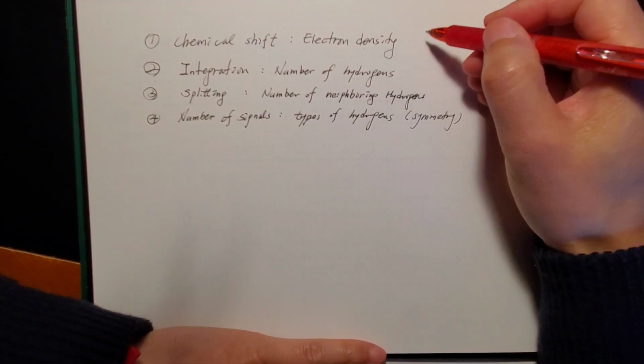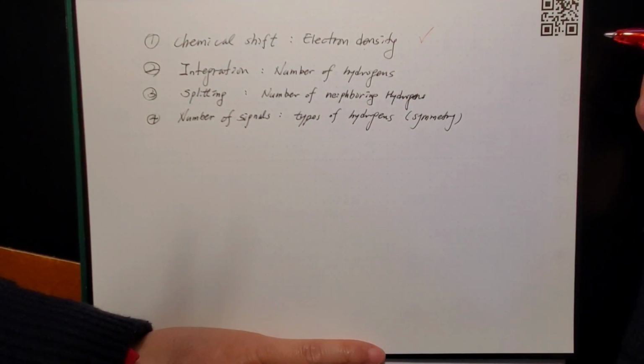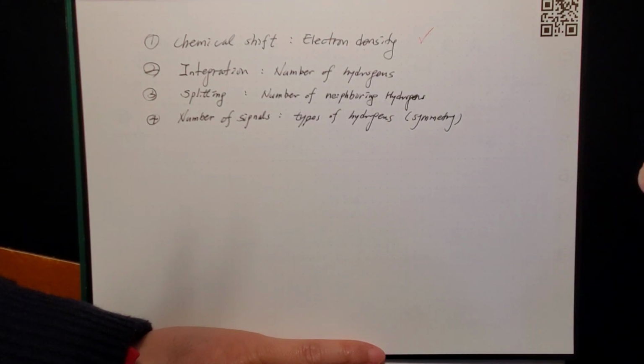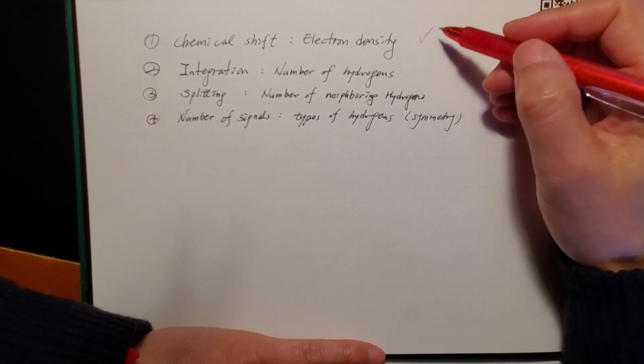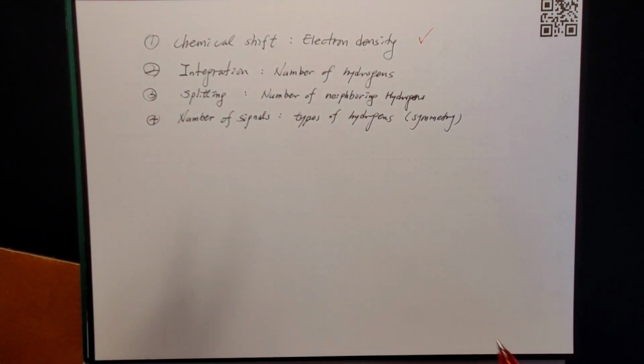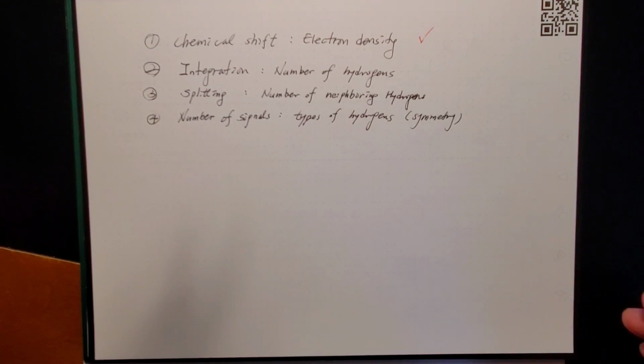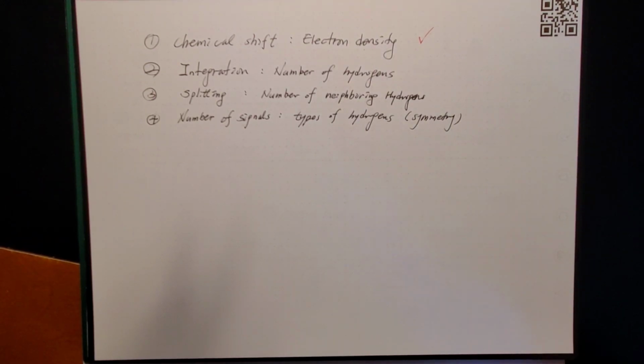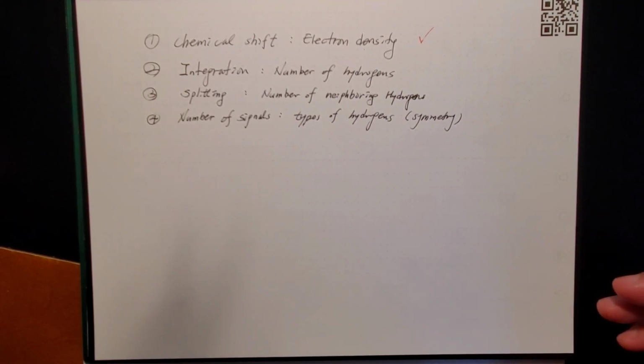So we talked about chemical shift. And as you know, the number on the x-axis, you roughly know the electron density caused by what type of environment, sp3, sp2, or sp, and so on.